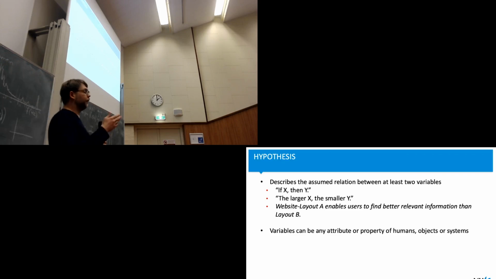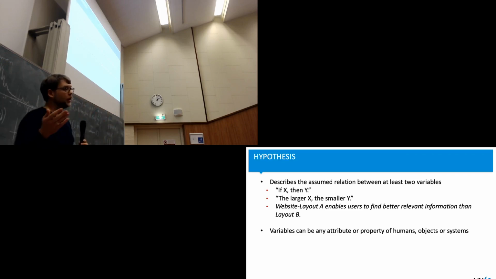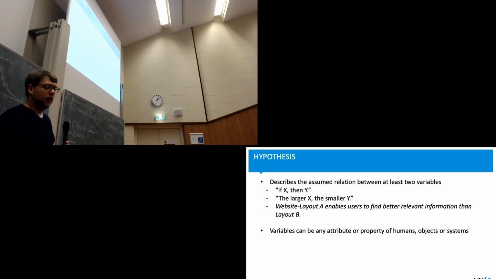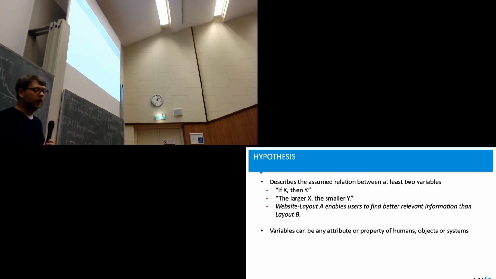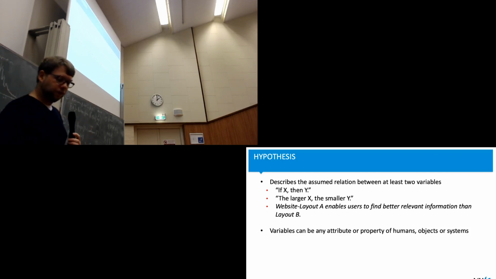So for example, if something is happening, then something else is happening, or if X is larger, then Y is smaller. Or in terms of web technology, this could be that we say website layout A enables users to find relevant information faster or better than layout B. And the two variables can be any kind of human capability, a kind of technology, behavior, whatever you might imagine.